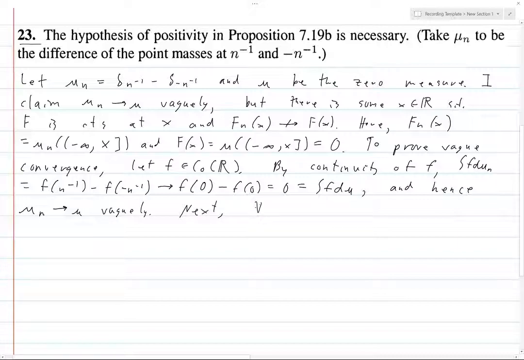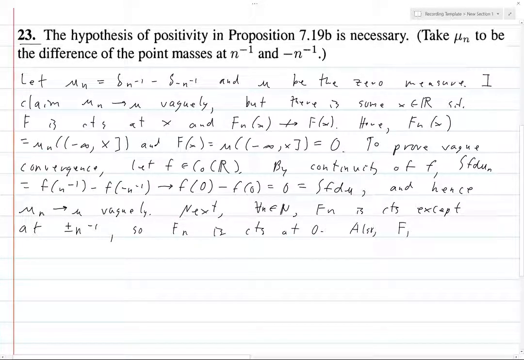Next, note that for every single natural number n, Fn is continuous except at plus or minus n inverse. So Fn is continuous at 0. Also, what is Fn of 0?